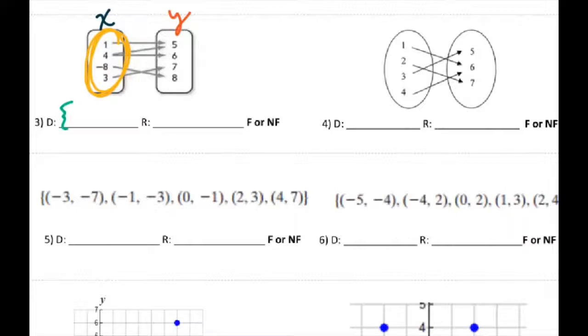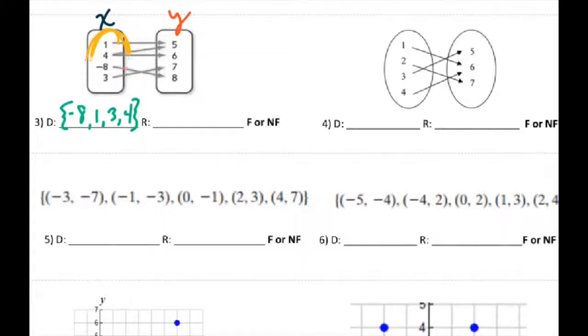My answer is 1, 4, -8, and 3. But to be the most correct, it's best to write them in order from the smallest number, which is -8, to the biggest number: 1, 3, 4. Close the squiggly line. Domain is the list of X's. All of the X numbers in here made it into my domain.